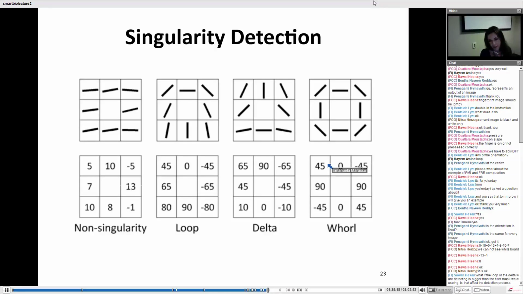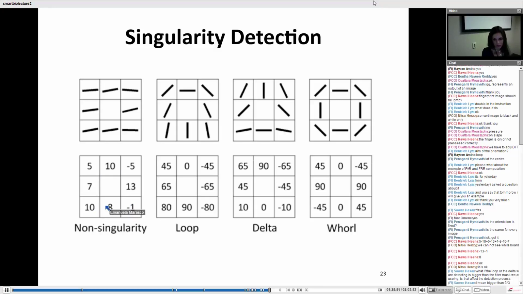The filter mask, so the loop or delta we are detecting is bigger than the filter mask we are using. We are not using, in this case, the filter mask. So we are just considering, so we are not applying like a filter.